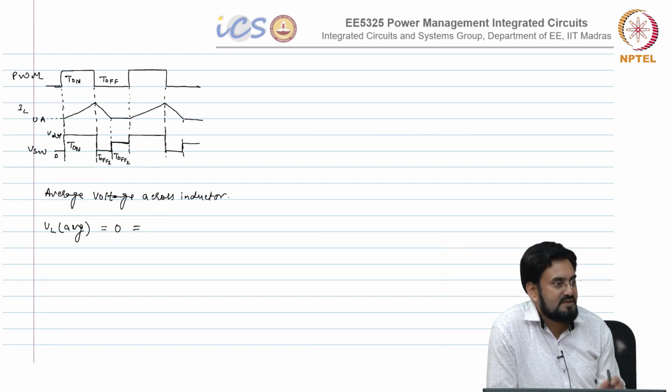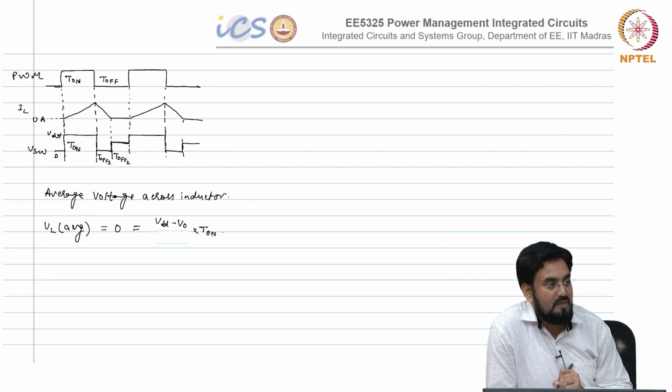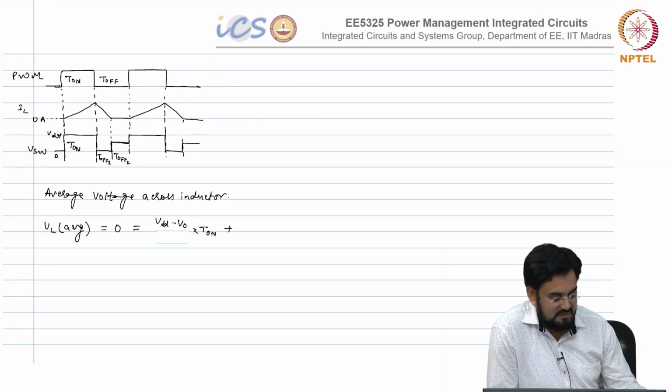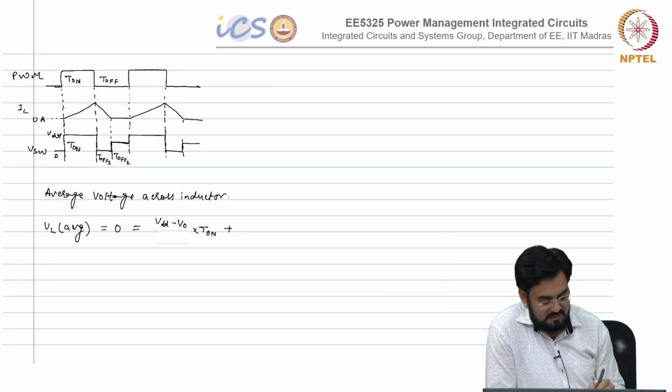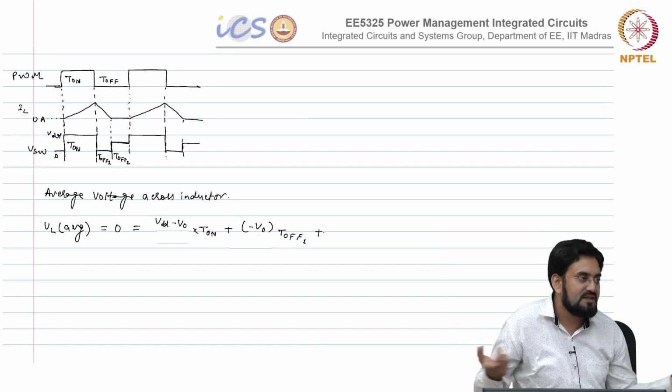So during T on, what is the voltage across the inductor? VDD minus V out into T on plus, during T of 1, okay, so plus minus V out T of 1, and what is the voltage during T of 2? 0, because both nodes are at the same voltage.